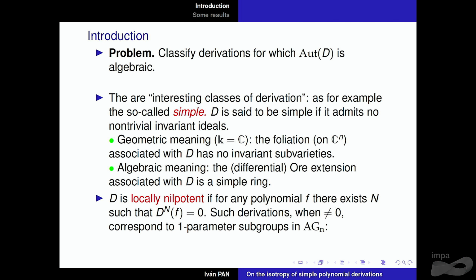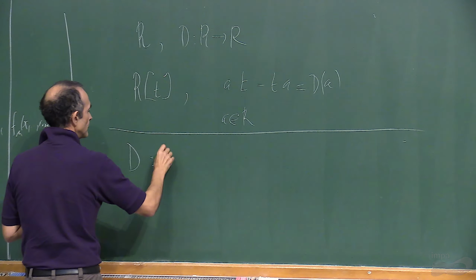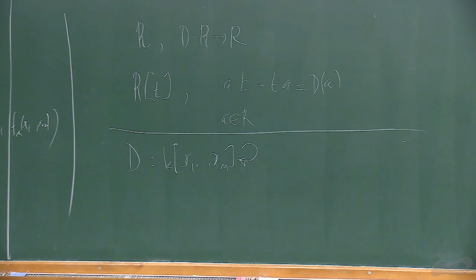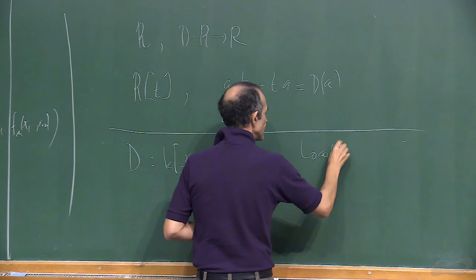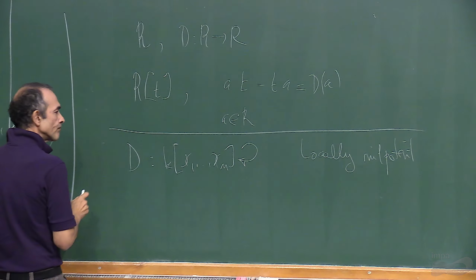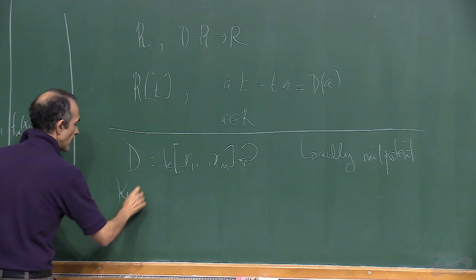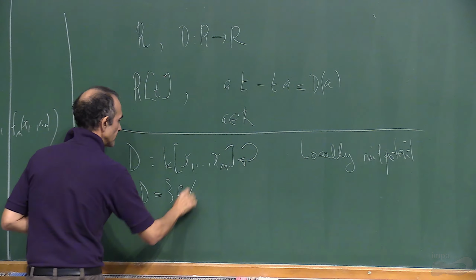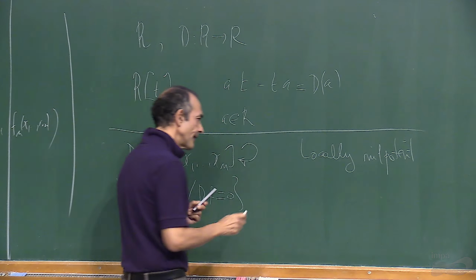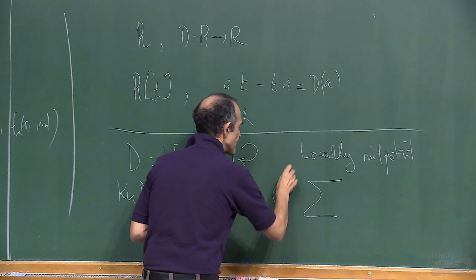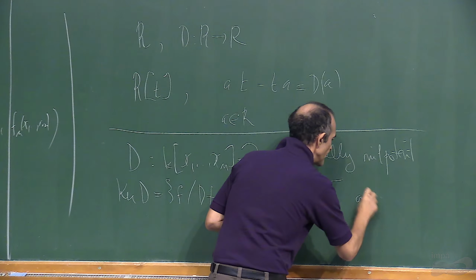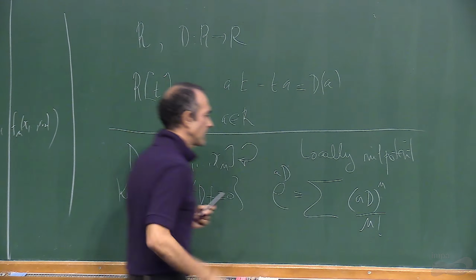More generally, if you consider a derivation D of the polynomial ring which is locally nilpotent, you have a kernel of D, which is a subring of the polynomial ring, and then you may define formally an exponential series of D, a formal series.